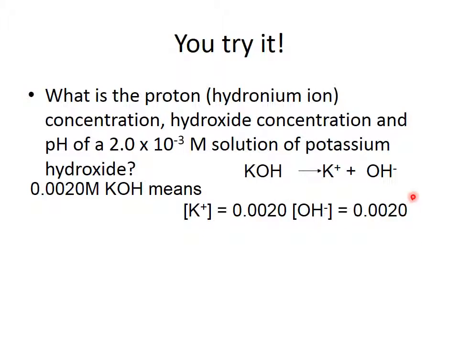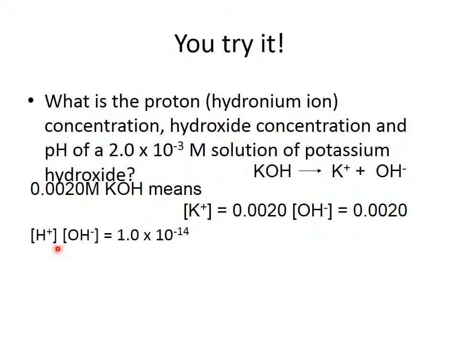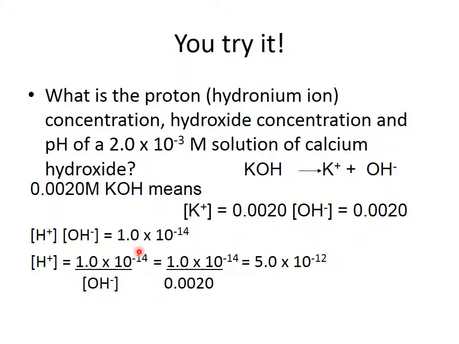This is the ion we need to know the concentration of. Now we use proton concentration times hydroxide concentration equals 1 × 10⁻¹⁴, and arrange it so that proton concentration is 1 × 10⁻¹⁴ over hydroxide. You do the math and figure out that your proton concentration is 5 × 10⁻¹².